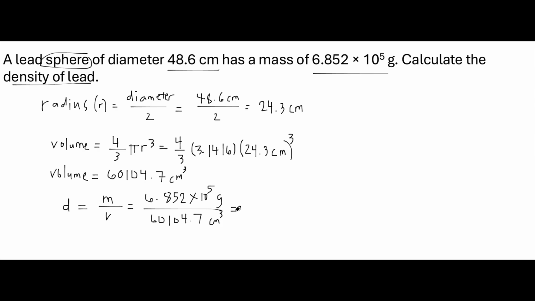So if you solve that in your calculator, you will get approximately 11.4 if you round it off, and the unit will be grams per cubic centimeter. Okay, so this is the answer to the problem.